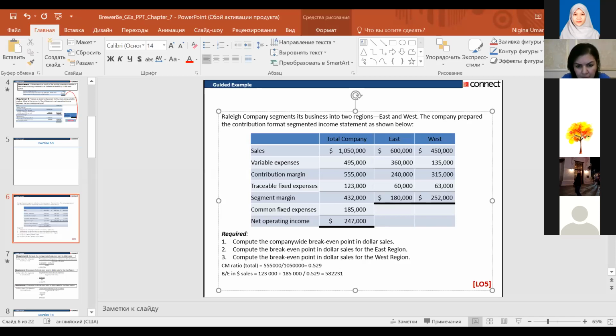Let's round it, right? Okay, very good. That was requirement 1. For requirement 2, can you calculate quickly and tell me the result? Compute the break-even point in dollar sales for the East region separately, only for the East region.